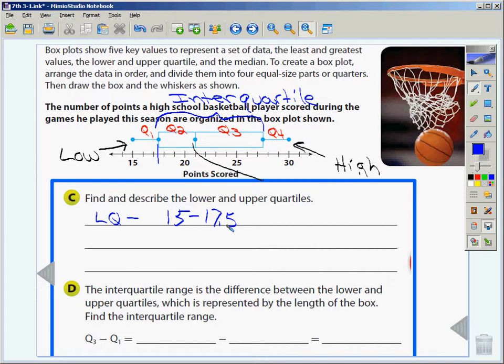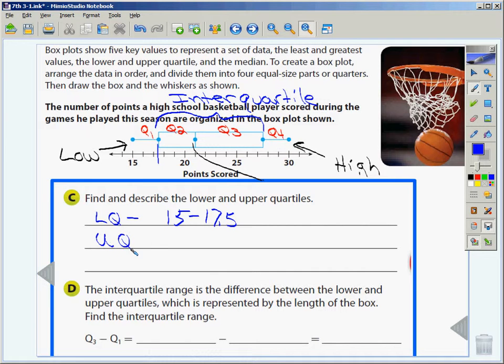The lower quartile goes from 15 to about 17.5. What's that for a range? What's the range of the lower quartile? 2.5 is the range. Remember, we find it by subtracting.